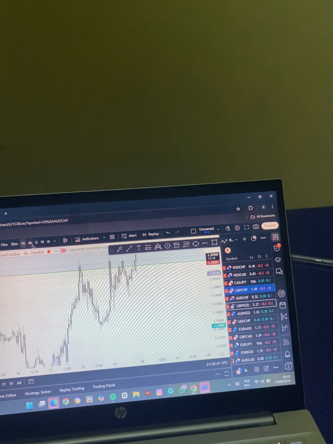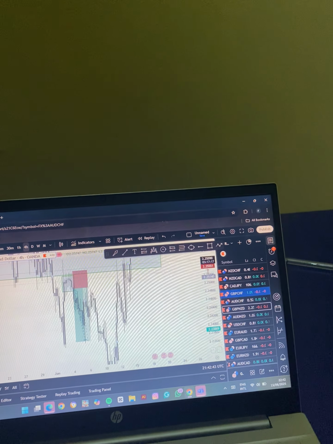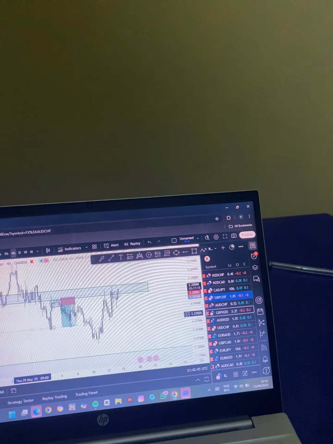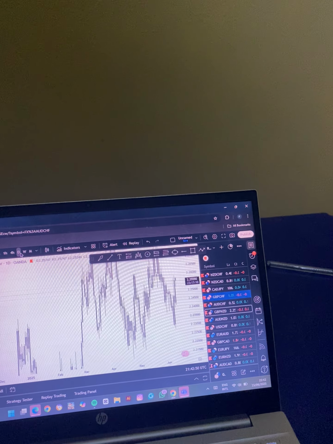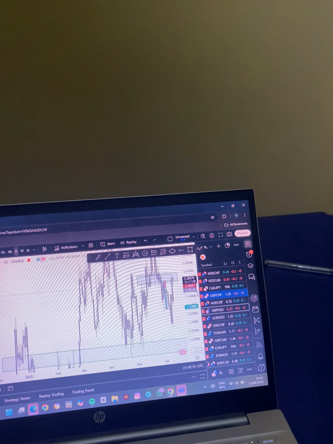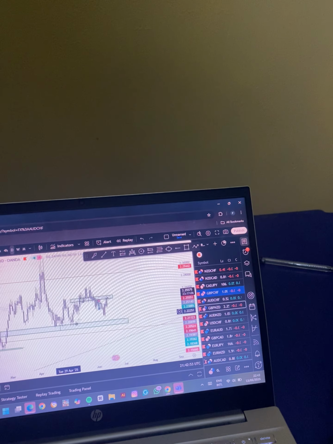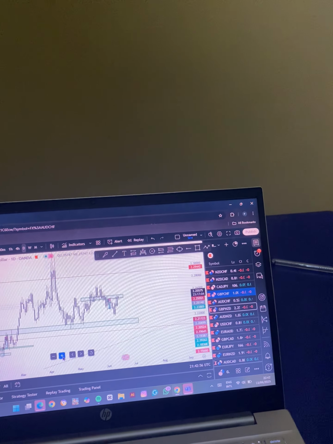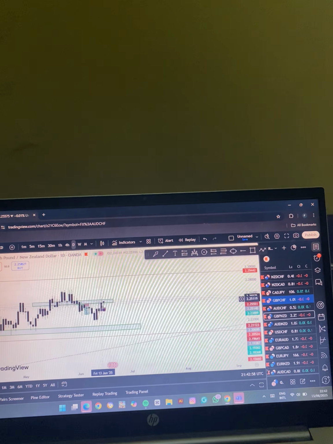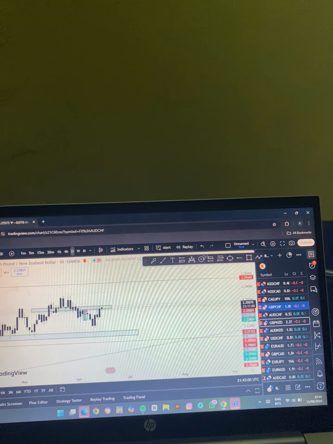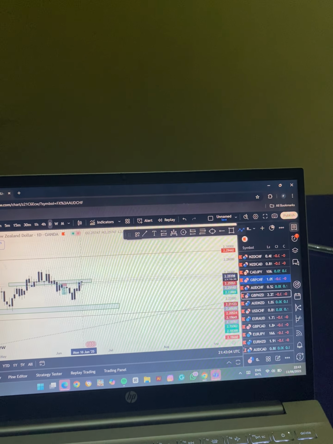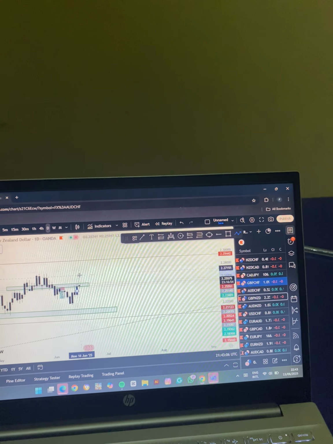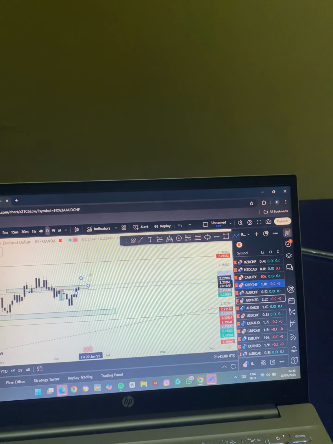Now what's the idea? What's next? Probably we're going to be looking for another sale around this area, depending on how price reacts. If it doesn't give us a proper change of structure and breaks above this, then retest, then boom, we look for buys.